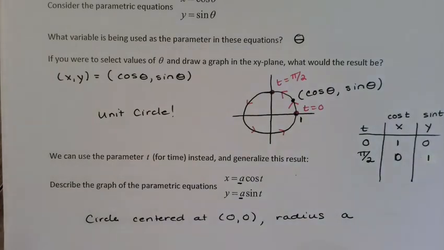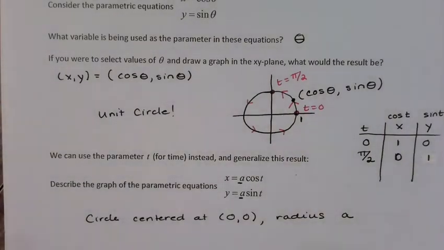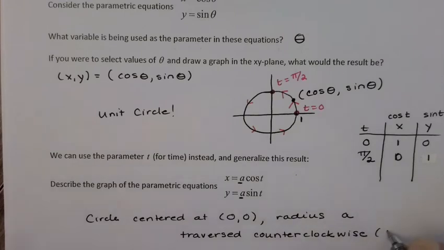So it's a circle centered at the origin of radius a, traversed counterclockwise. Which from here on out I'll just abbreviate as CCW for counterclockwise.